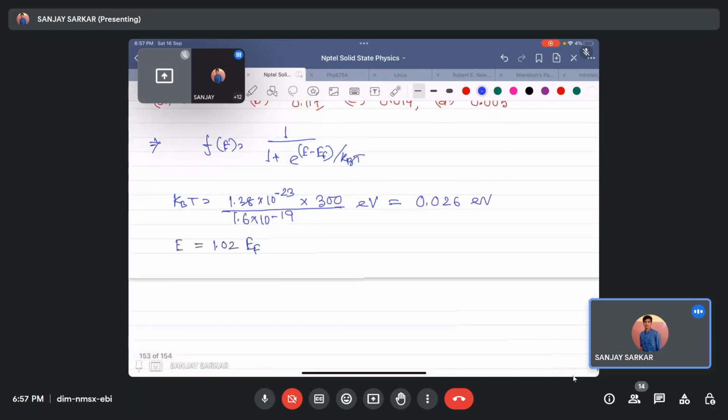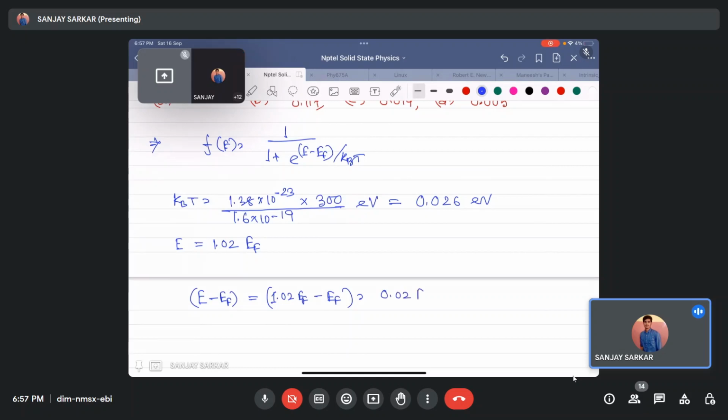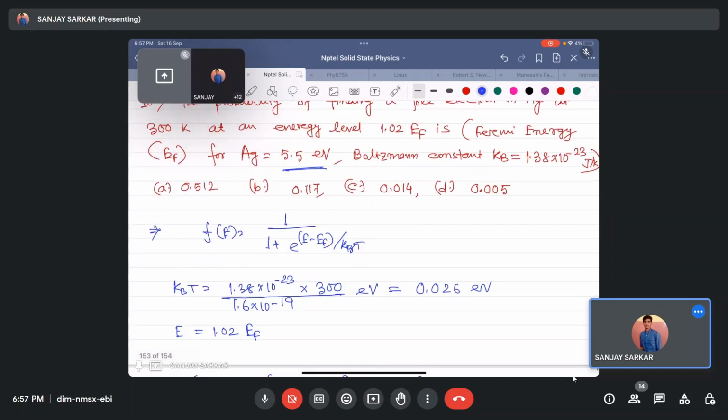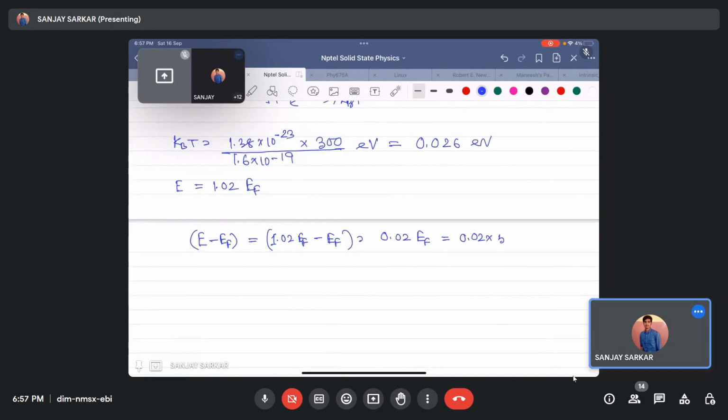So E minus EF will be 1.02 EF minus EF, that is 0.02 EF, and EF is given as 5.5 electron volt.